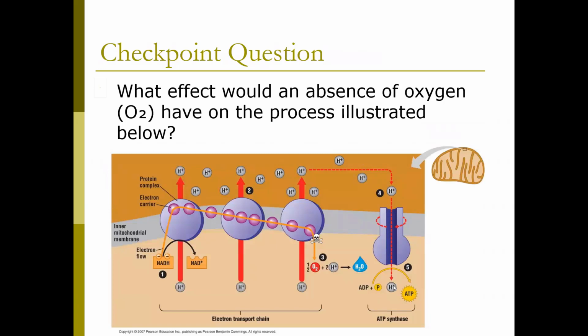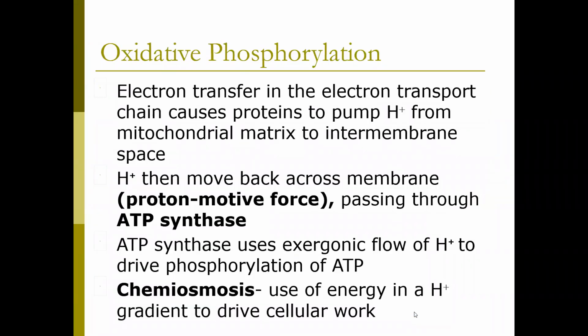And as they're passing through this enzyme, they're releasing enough energy to combine ADP and phosphorus together to form ATP. Okay, so ATP synthase is the enzyme that's going to funnel the hydrogen ions through, and it creates this exergonic flow of hydrogen ions to drive the phosphorylation of ATP.